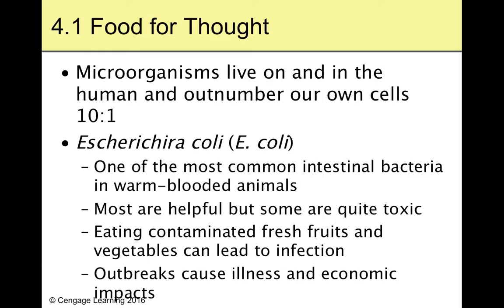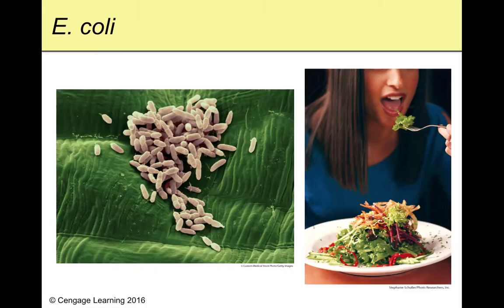They get the living bacteria in them, they're infected, and they are very, very sick. So the outbreaks cause illness, of course, and they also cause economic impact because all of those people at home puking their guts out aren't going to work. They're going to the hospital, which is stressing the hospital resources, and you kind of get the idea. Just a lot of people getting sick in one area.